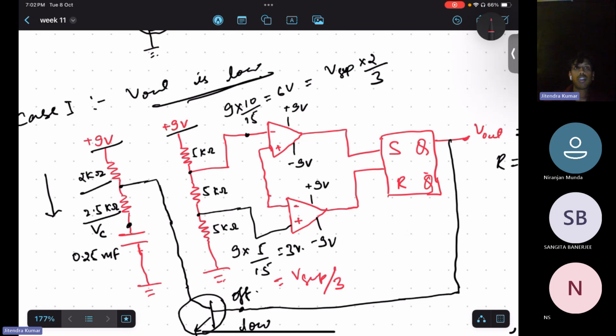Okay, so this is how they are connected. And I forgot to connect this capacitor.